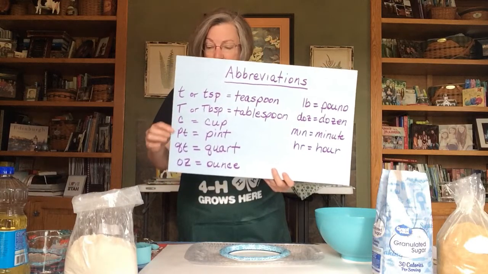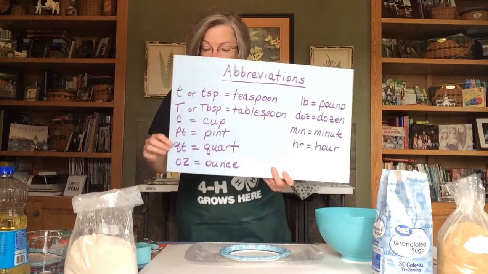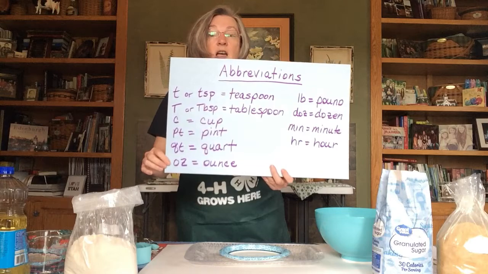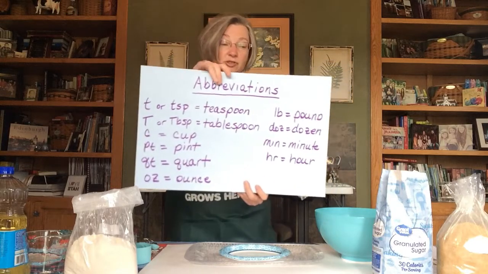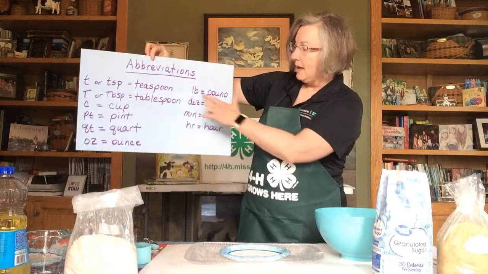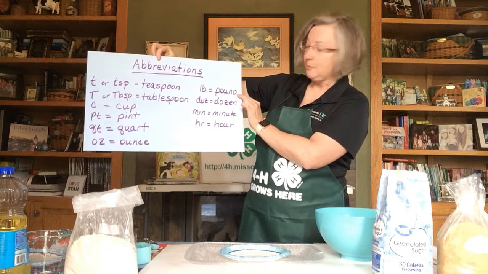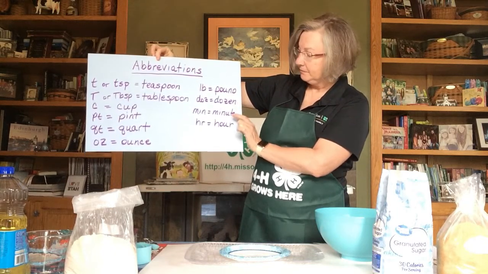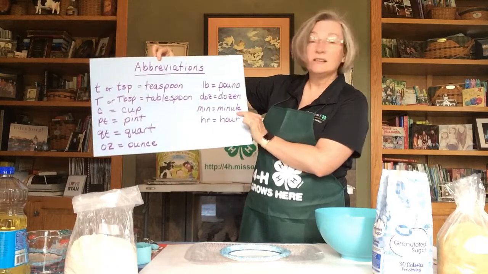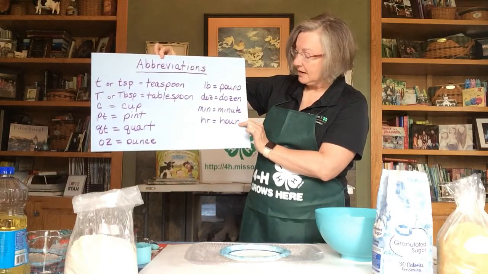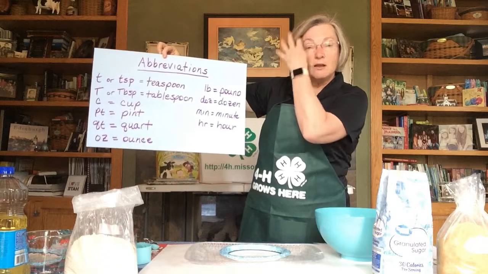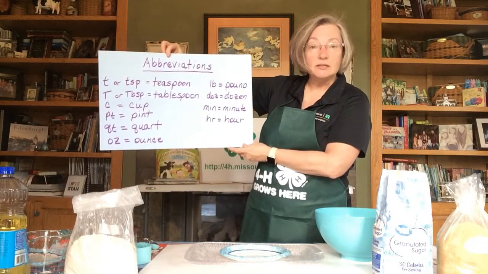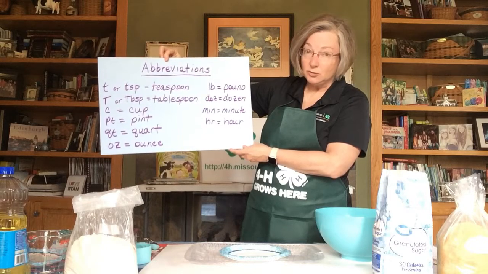C means cup, PT means pint, QT means quart, OZ is an abbreviation for ounces, LB is an abbreviation for pound, DOZ is an abbreviation for dozen, MIN is an abbreviation for minutes, and HR is an abbreviation for hour. And depending on your recipe, some or all of these abbreviations might be used.